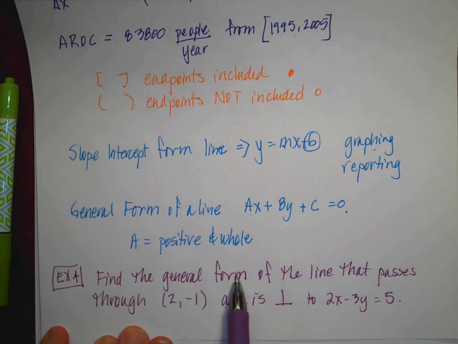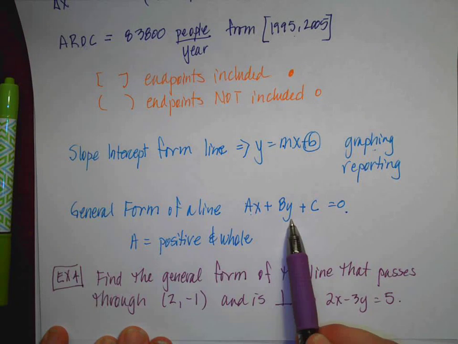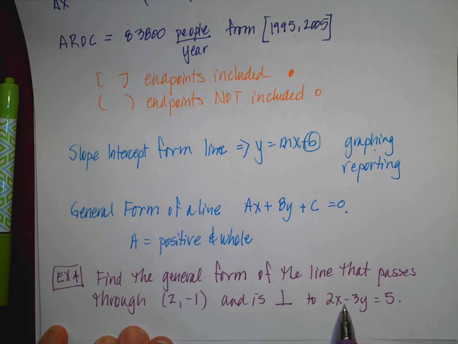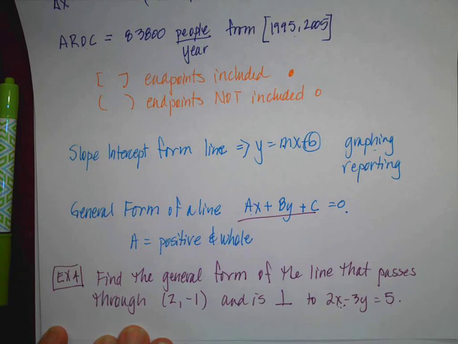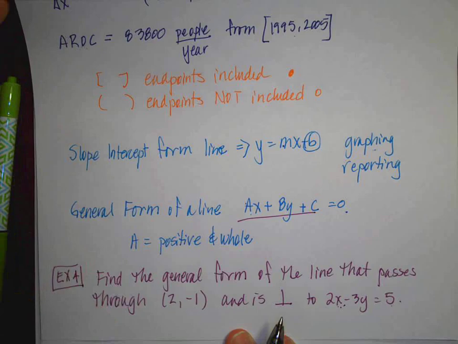So if we talk about what we've been given, we want to write the equation in general form, and we've been given the line that it's perpendicular to in the same form. Now notice that the 5 is on the other side, so sometimes they do that. Technically, it needs to be on the left-hand side if it were in general form.